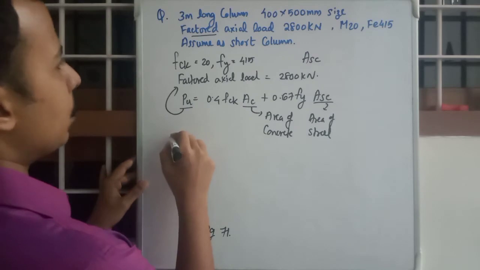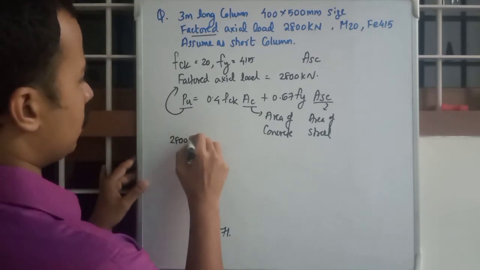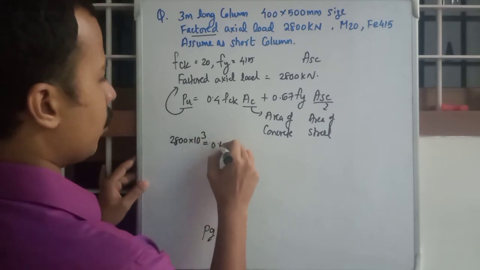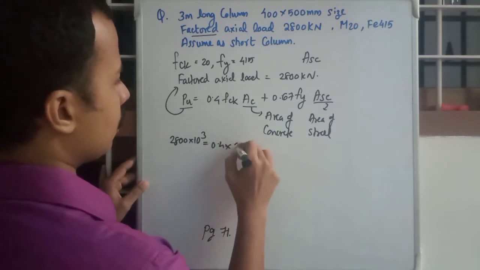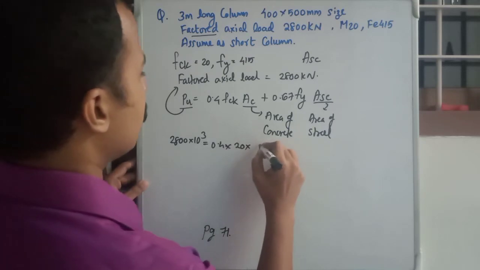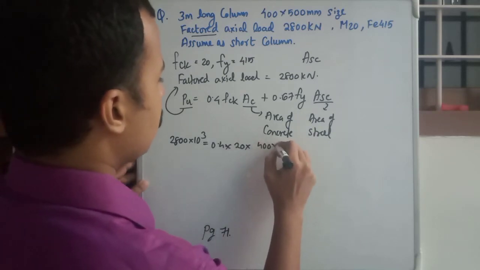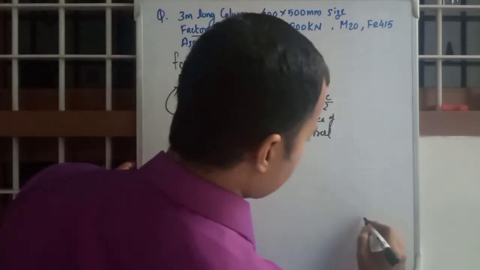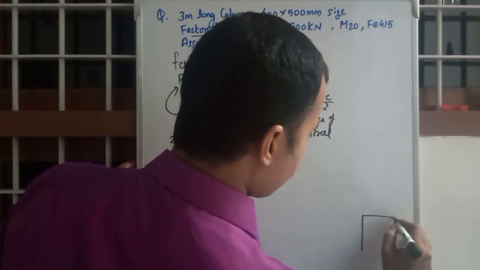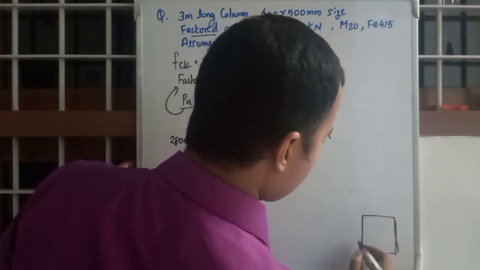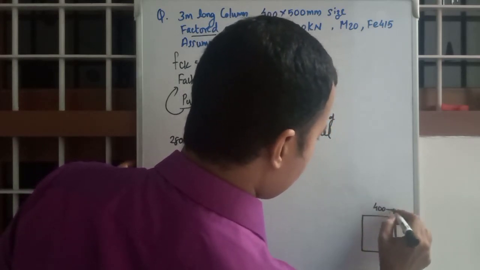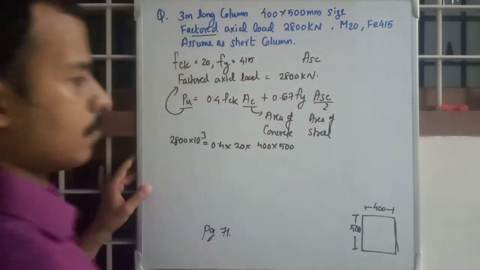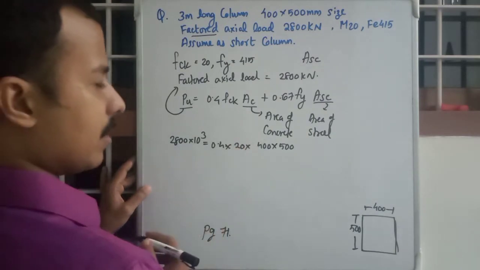So Pu is 2800 into 10 raised to 3 is equal to 0.4 into 20 into 400 multiplied with 500, because the cross section is 400 by 500.